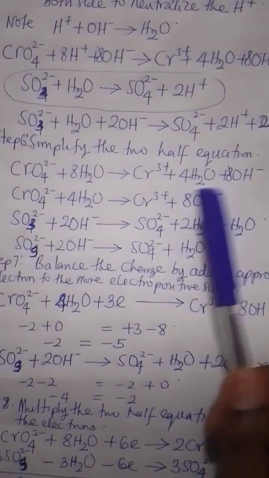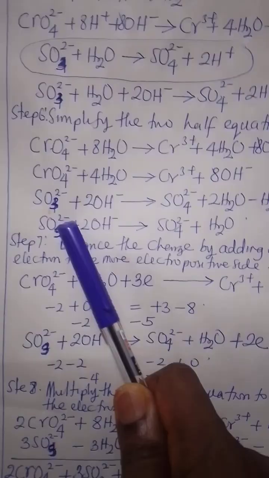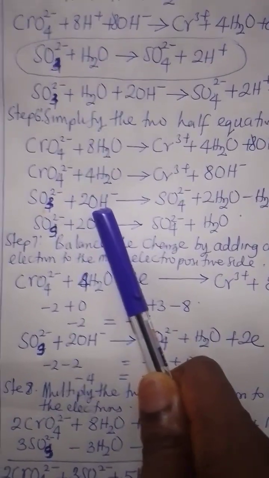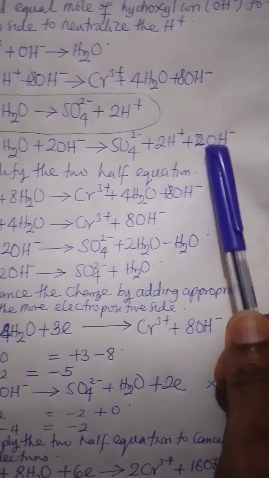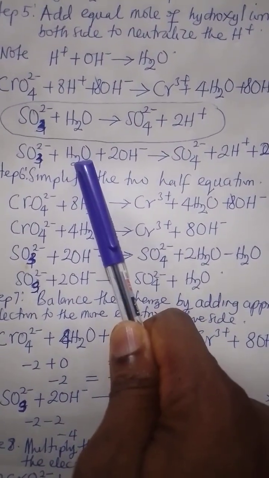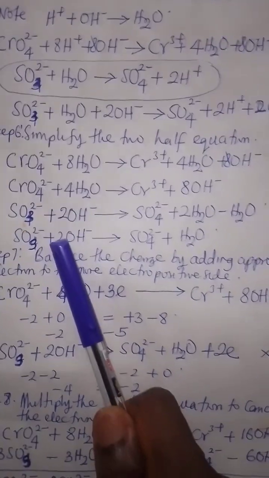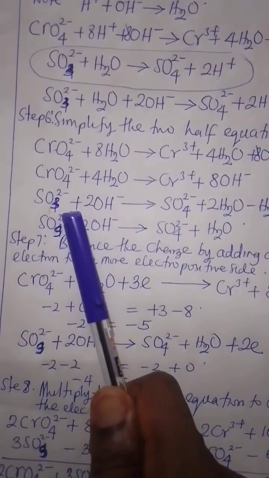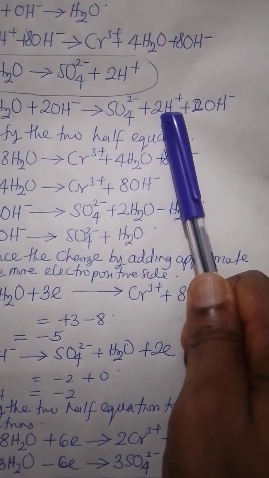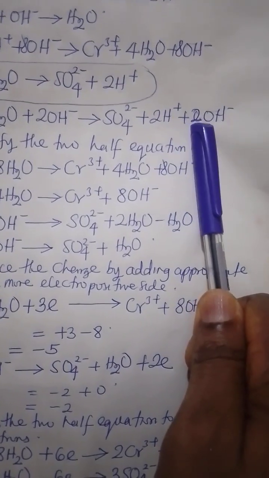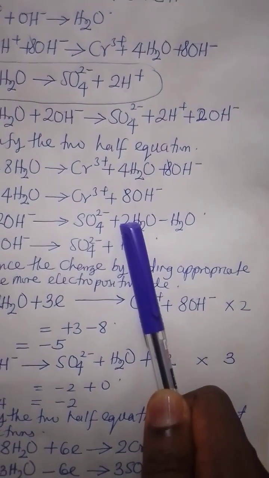8OH-. Now, if we look at the second half equation here, having added the OH-, we had 1H2O here. So if we take the 1H2O to this side, don't forget the 2H+ plus the 2OH- will give us 2H2O.